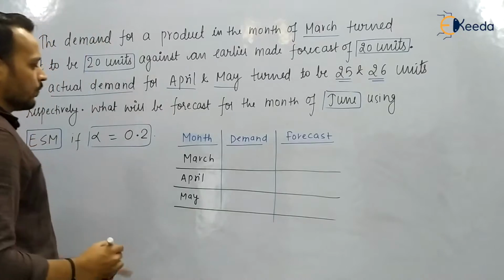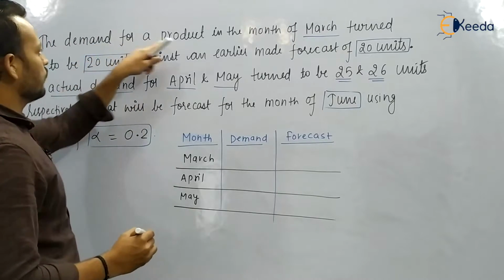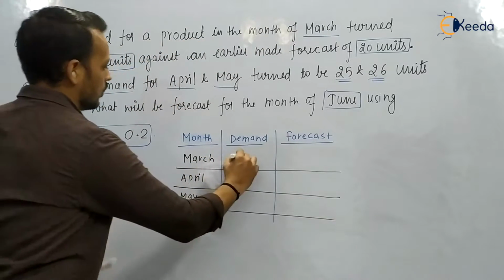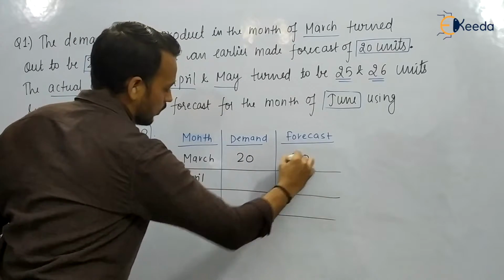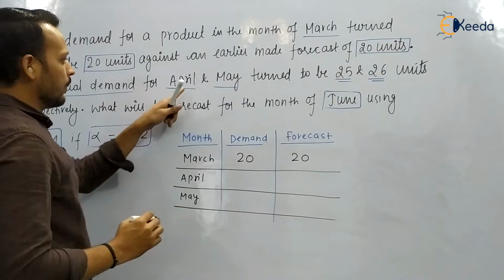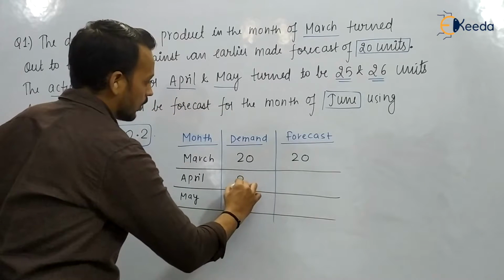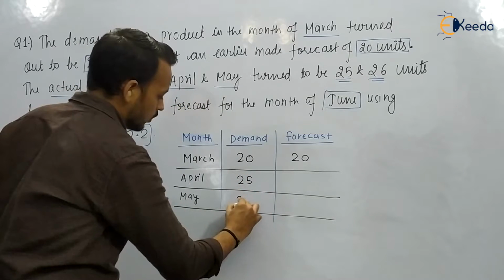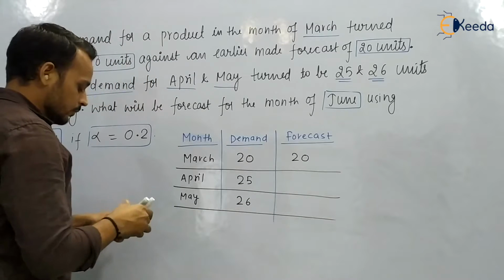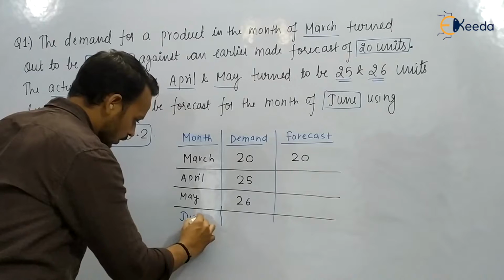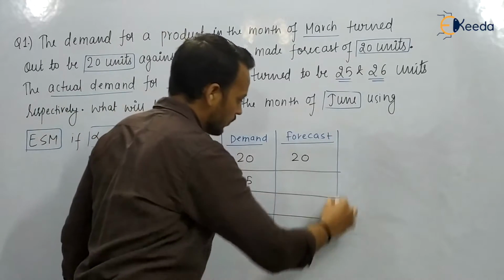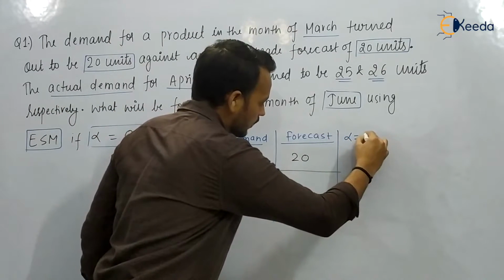They are saying that the demand for March is 20 units against an early made forecast of 20 units. For April and May, the actual demand is 25 and 26. They are asking what is the forecast for the month of June if alpha is 0.2.